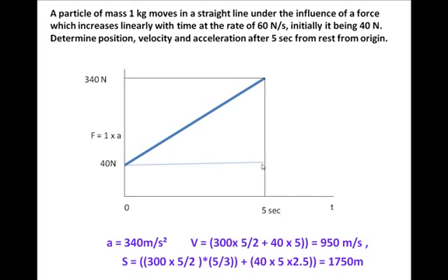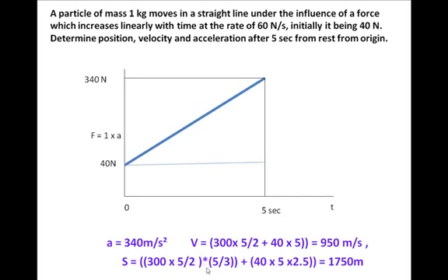which will be the velocity at the end of 5 seconds, and the distance S will be given by the moment of area under the A-T curve about this point. So if we do that, the first area, that is the triangle, is multiplied by 5 by 3, because this area's centroid will be at 5 by 3 from here.